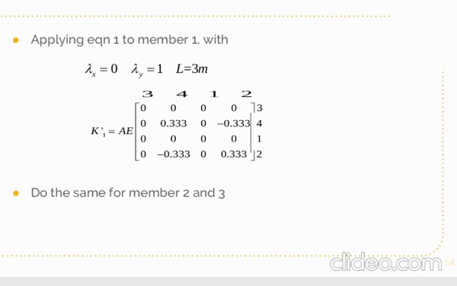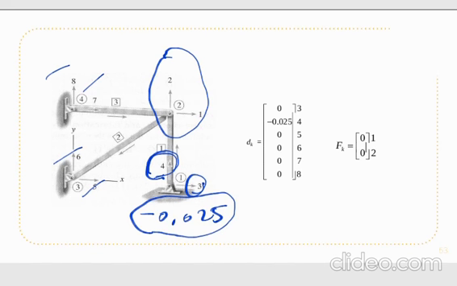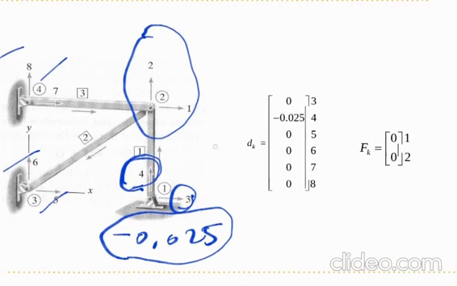Now, same as we solved in the last example, for member number 1, we find lambda x equal x far minus x near, over L. I think this is the length. Sorry, I didn't give the length of members.